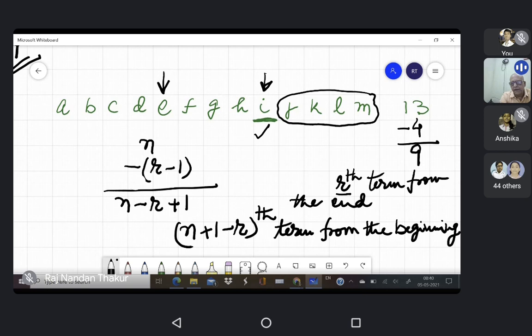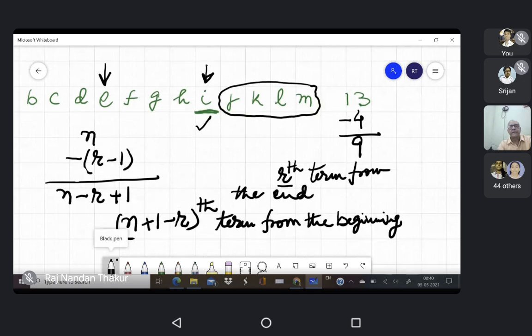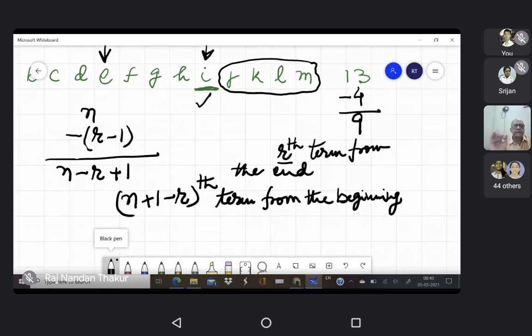Can you see the word beginning which I have written in your mobile? Yes, sir. If you keep it in landscape mode, then you can see. Why am I saying you remember n plus 1 minus r?